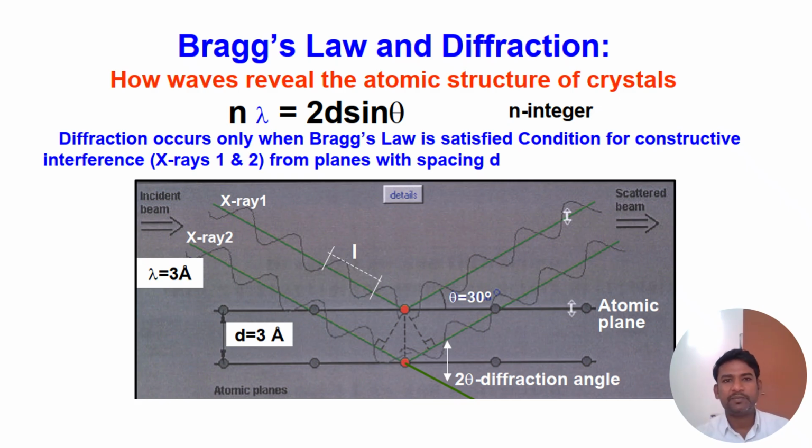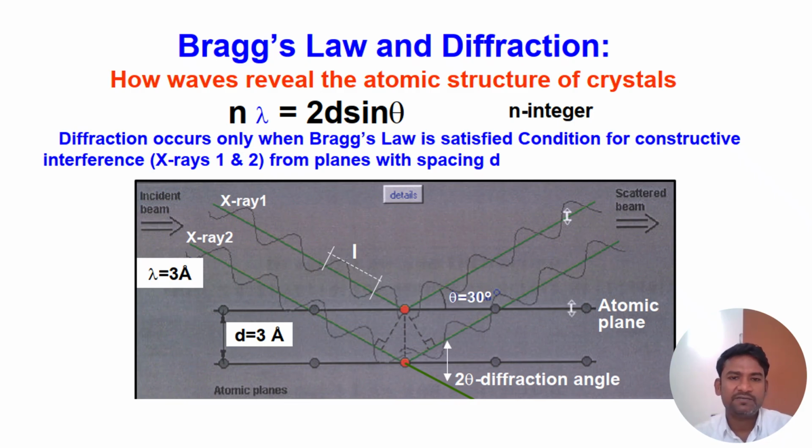And the last important aspect is how this diffraction occurs. When n lambda is equal to 2D sin theta and n is an integer, the waves reveal the atomic structure of the crystals. So the diffraction occurs only when Bragg's law is satisfied, the condition for constructive interference from the planes with spacing d. There are two types, constructive and destructive.